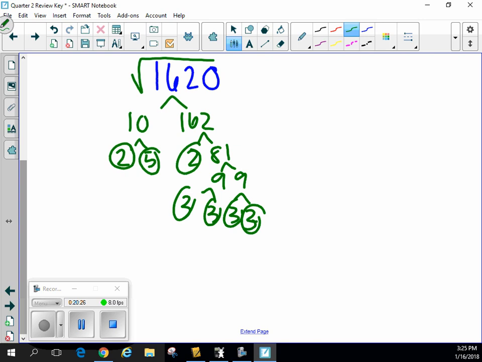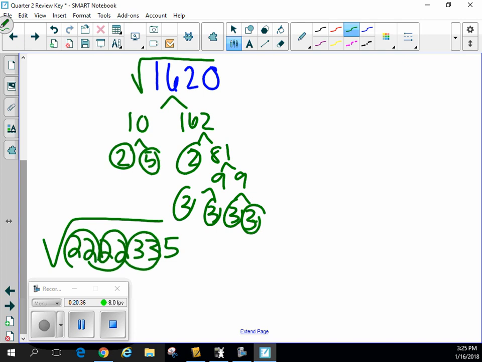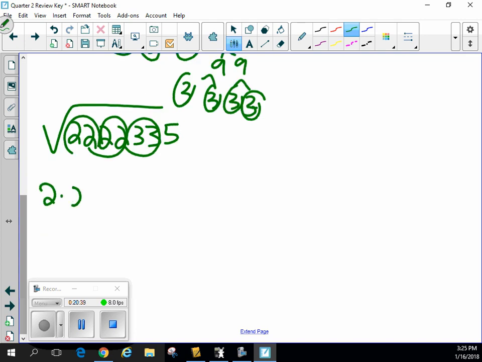I wrote down all of our prime numbers. It ends up being 4 twos, 2 threes, and a 5. You want to take out twins. So you end up taking out 2 times 3 square root 5.